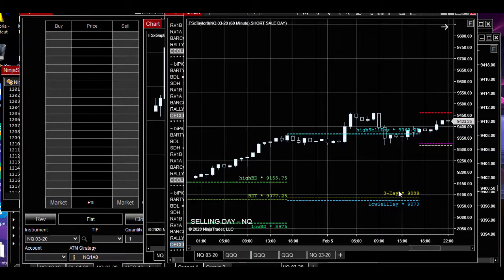The 3-day line is the average 3-day rally from the low of the buying day to the high on the short sale day. In this case, the market is very strong and it has rallied and taken price territory well over the 3-day average rally.